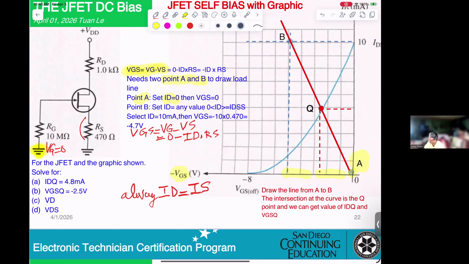Okay. Second thing, you need the point B. This is the point B here. Set ID equal any value. Okay. ID have to be greater than 0. That means you can get any point here to get the current ID. That means ID here, they will be ID at S.